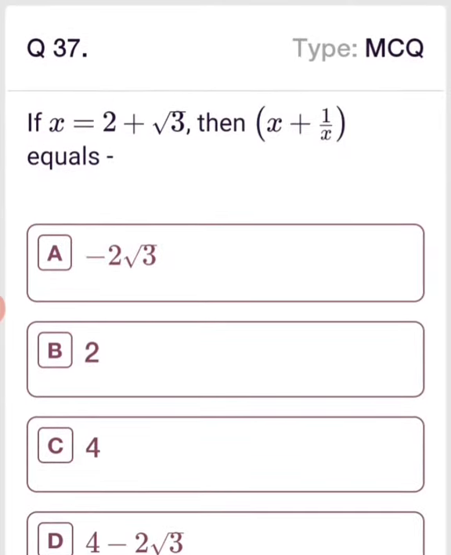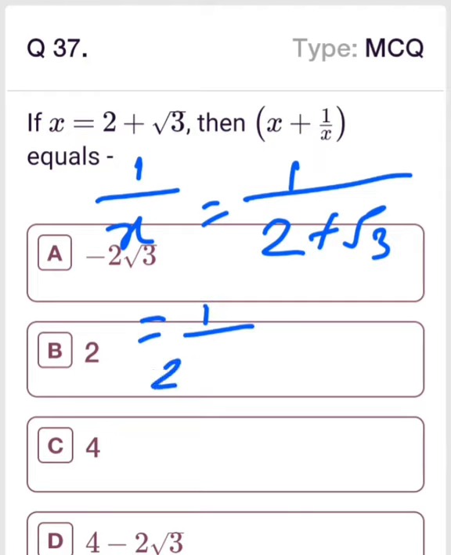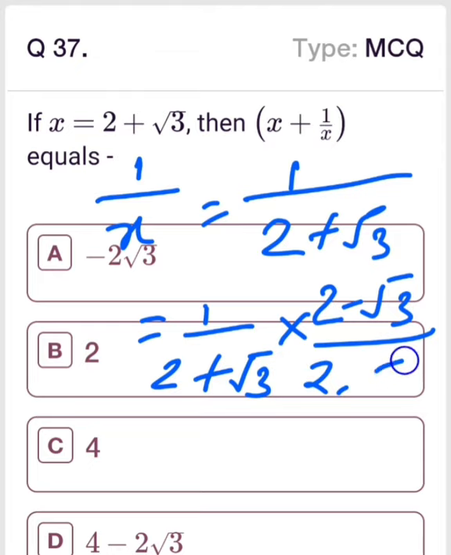Next one. X is equal to 2 plus root 3. Then x plus 1 upon x you have to find out. Then what is the value of 1 upon x? First you find out 1 upon x. 1 upon x should be 1 upon 2 plus root 3. Okay. So 1 upon 2 plus root 3, you solve it by the rationalization method and multiply it by the rationalizing factor, 2 minus root 3 upon 2 minus root 3. Numerator will be the same, 2 minus root 3.